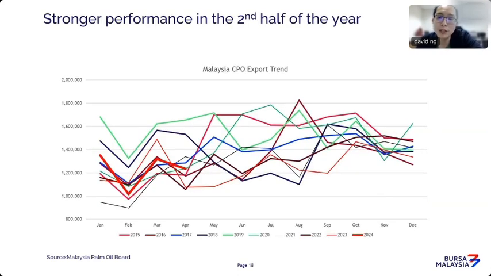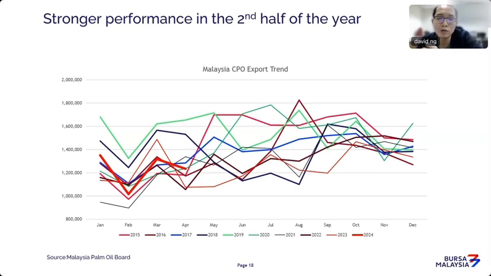Now, coming to Malaysia exports. Malaysia exports are a bit tricky. We can't really see a clear pattern. But what is noticeable is that you can see strong periods around September, October. Usually these are the months where exports for CPO tend to pick up, given that India, before they celebrate the Diwali festival, will demand more CPO.